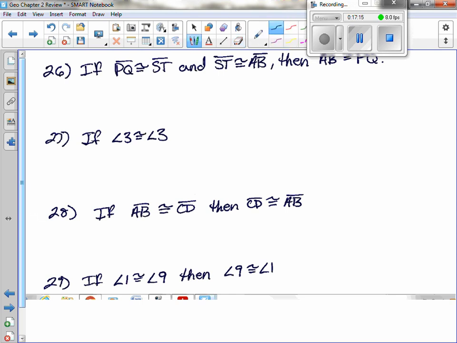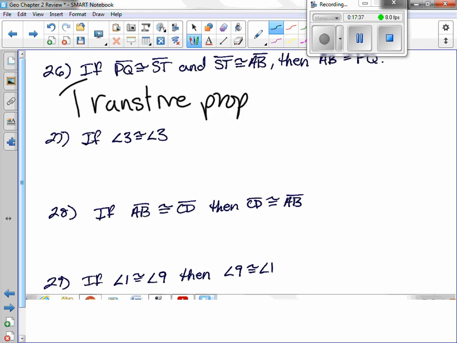I believe 26 through 29 is identify the property, yes? Because I think it says name the following property. If PQ is congruent to ST and ST is congruent to AB, then AB is congruent to PQ. This is what? Transitive property. If you just write transitive property, it will be wrong.